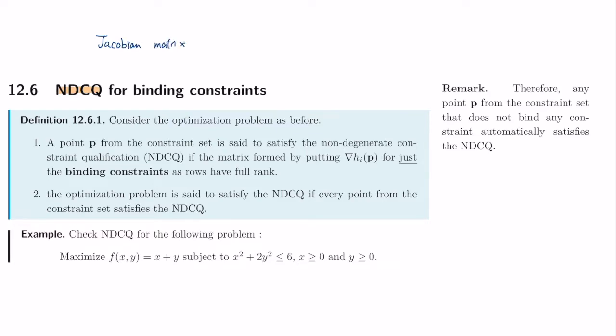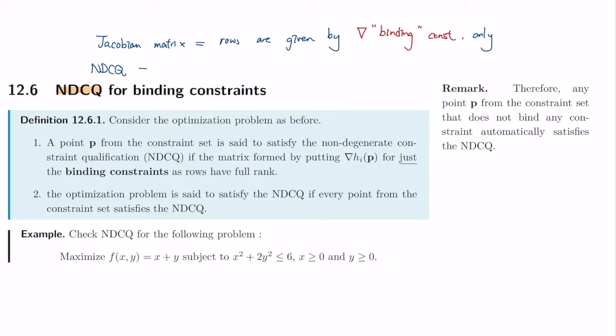The rows are given by just the gradient of the binding constraints only. So we look at which constraints are binding at that point, consider only those binding ones, and form the Jacobian matrix. And then what is the NDCQ in this case?